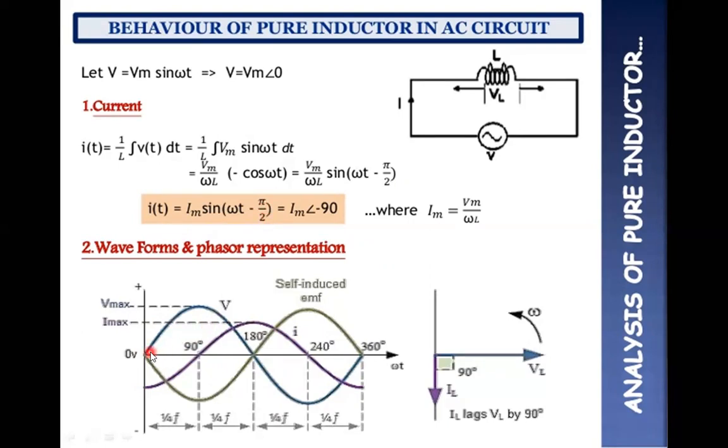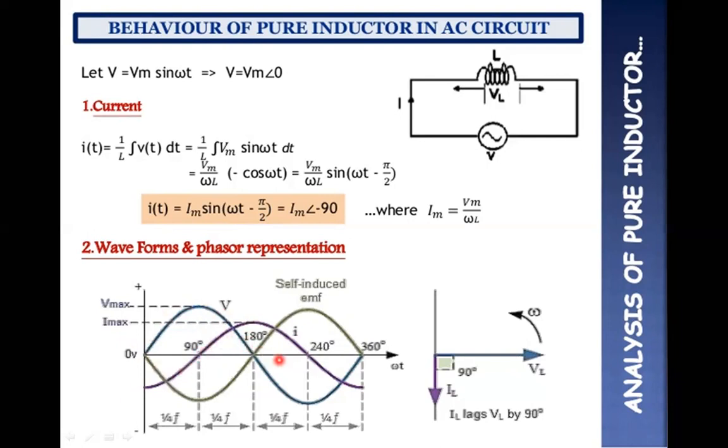This is the voltage from its mean position, V equal to V max sin omega t, and because the current is lagging by 90 degrees, it is represented like this.